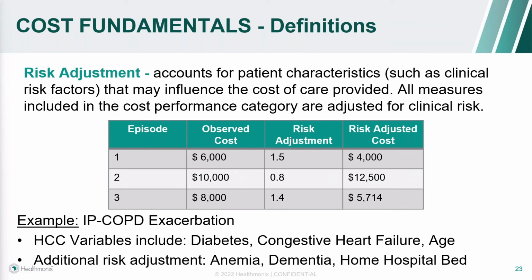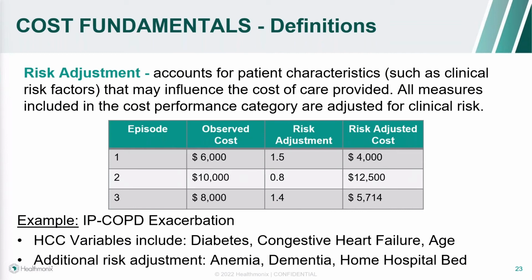The other thing that's noted here at the bottom is that for each measure, that technical expert panel has thought about additional risk adjustment factors that should go into adjusting the cost for that measure. The example here is for inpatient COPD.